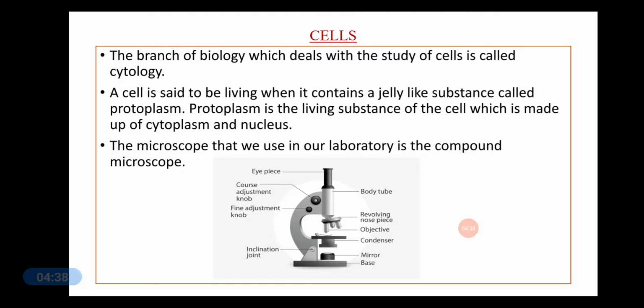In the previous slide, you saw that Robert Hooke had observed dead cells, that is, the cells of a cork. But if you see a living cell, you will find a jelly-like substance which we call protoplasm. So protoplasm is the living substance of the cell, which is made up of cytoplasm and nucleoplasm.